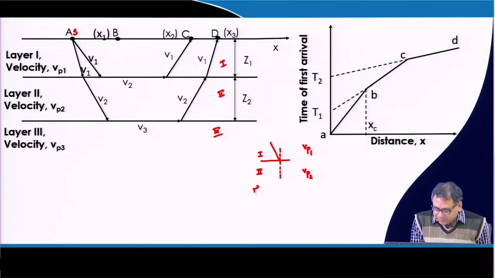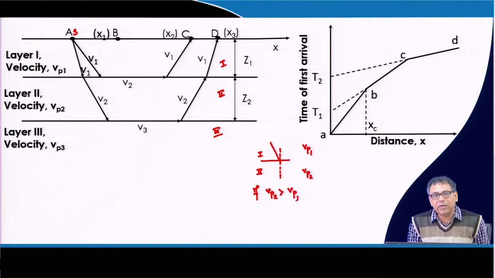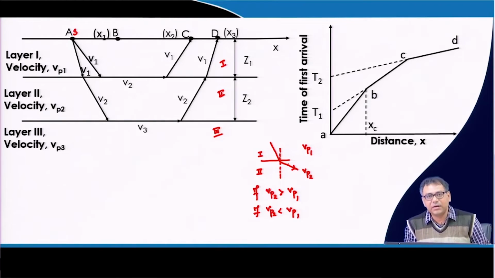Now if your Vp2 is greater than Vp1, then what will happen? This refracted ray will go away from the normal. But if Vp2 is less than Vp1, then the refracted ray will travel towards the normal.